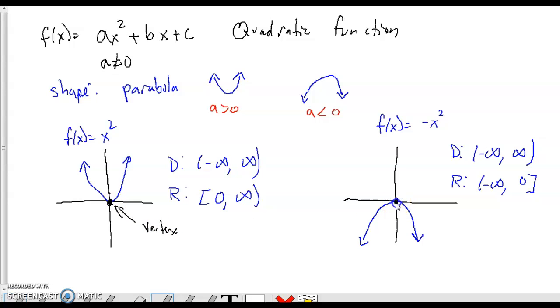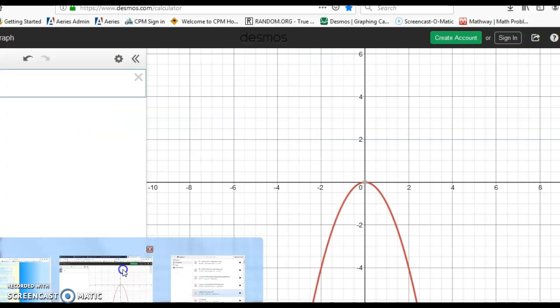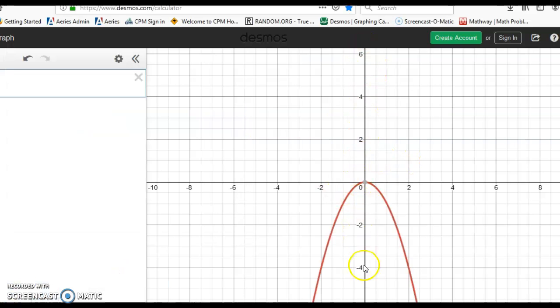And again, this point right here would be your vertex. Okay? Your vertex, again, is an equation right here. X is equal to. It's also part of your axis of symmetry, right? So again, your axis of symmetry cuts your graph into two equal and symmetric parts, and cuts through your vertex.